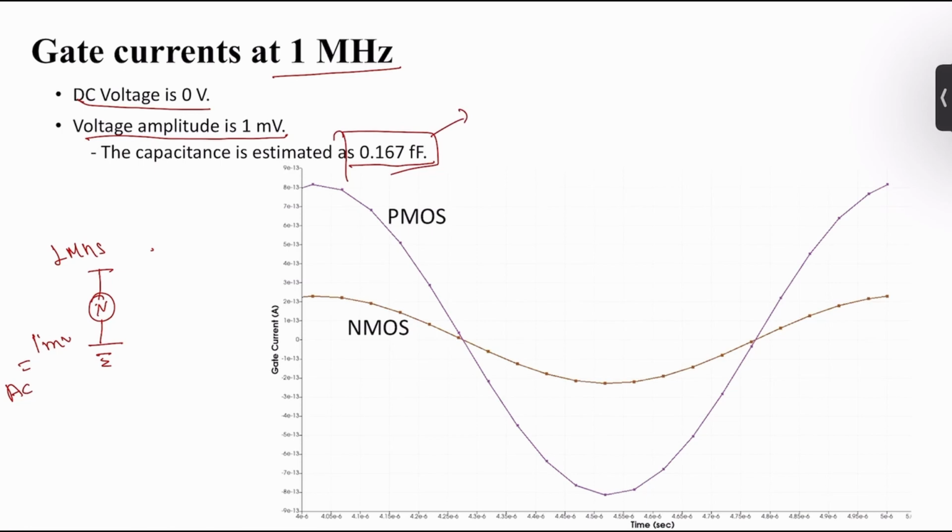We have seen this in the NOT gate lecture. I took that capacitor value and ran the simulation, and we can see that PMOS gate current is 8E3 and for the NMOS it is 2E3. So it's very low. I also did the transient analysis for this, from 4E6 to almost 5E6. This is the transient analysis of the gate current at 1 megahertz.